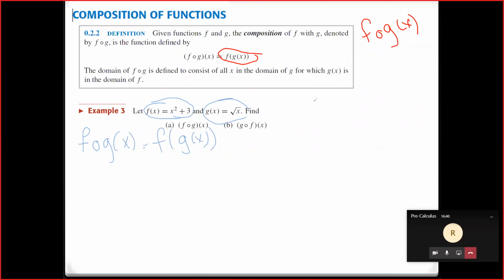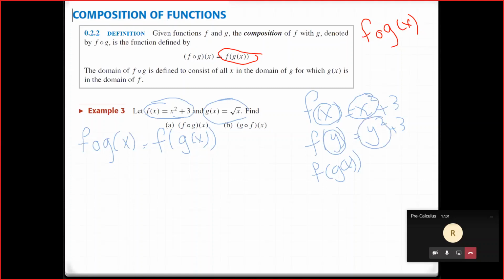So, f of x is x squared plus 3, and f of y, as an example, is y squared plus 3. What about f of g x? If you have x, it will be x squared. And if you have y, it will be y squared. And if you have g of x, it will be g of x squared plus 3.